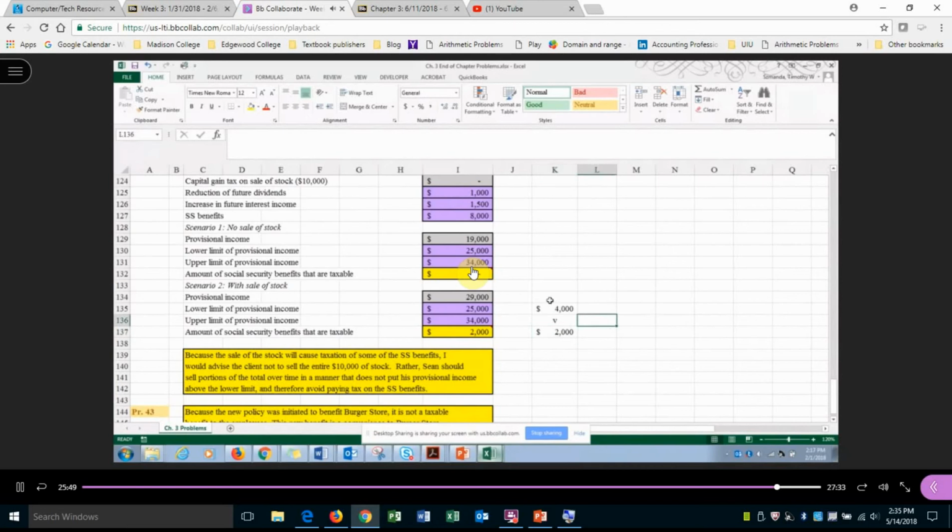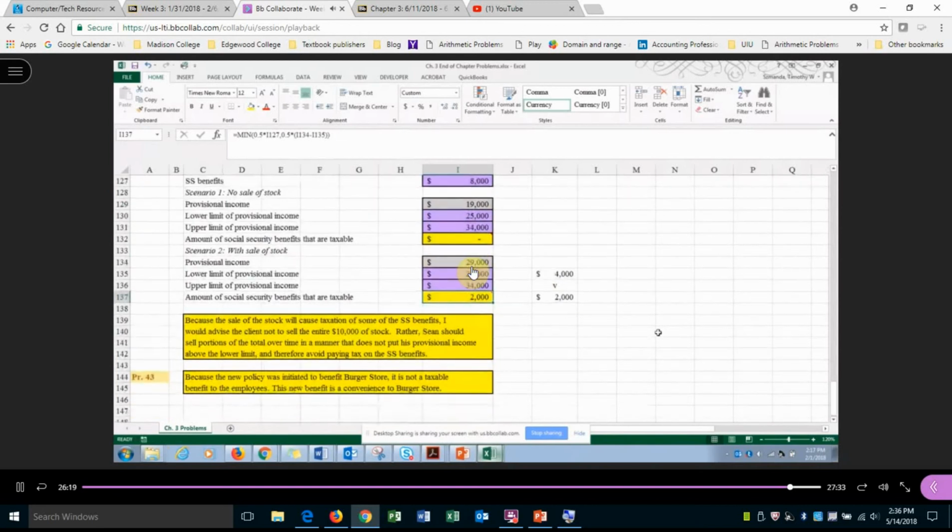Since we fall within this range, we're going to compare half the Social Security benefits to half of the difference between our provisional income and the lower limit. So half of this $4,000 is 2. That is the amount of our Social Security benefit subject to taxation: $2,000. Of this $8,000, 25% or $2,000 is subject to taxation.